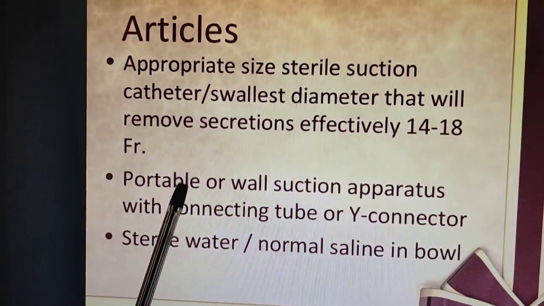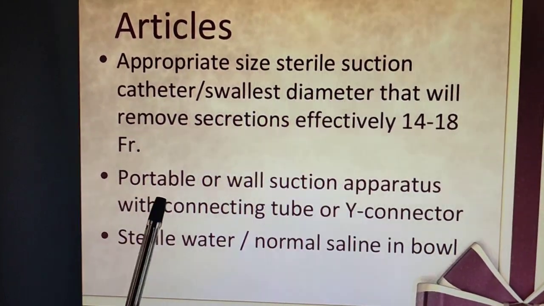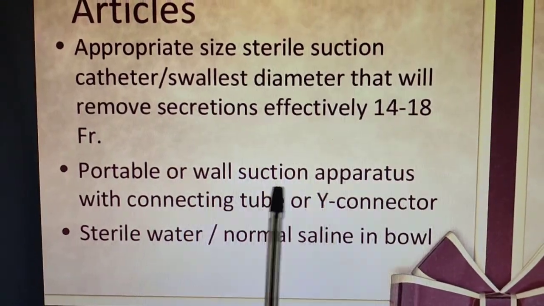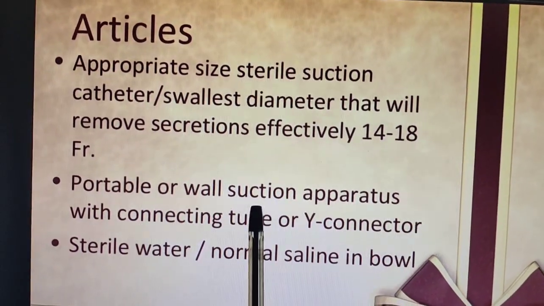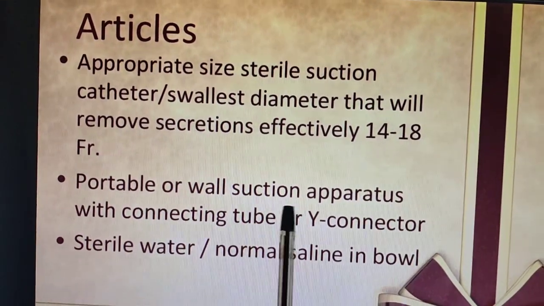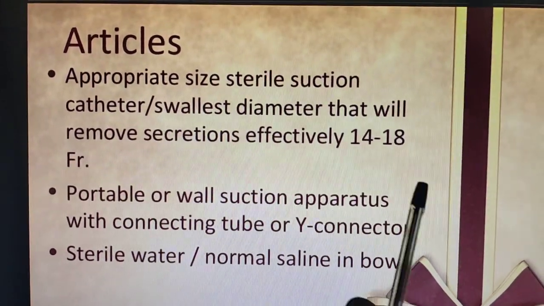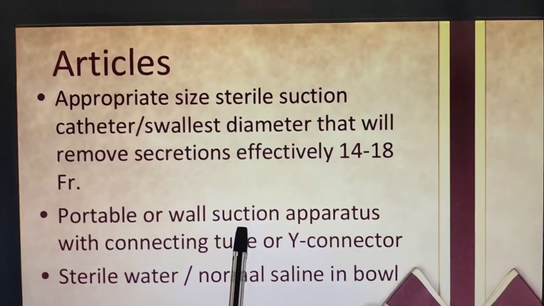If you want portable, carryable suctioning apparatus, or 90% now recently we are using the wall suctioning apparatus, which means each bed is joined with the suctioning apparatus. In all hospitals, for each bed they have this wall suctioning apparatus, which is in a yellow color.